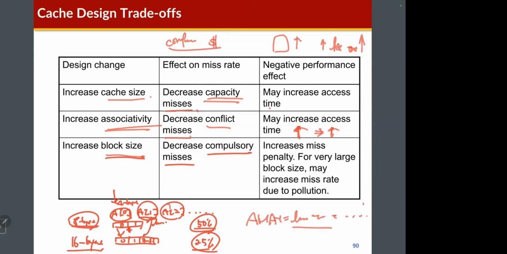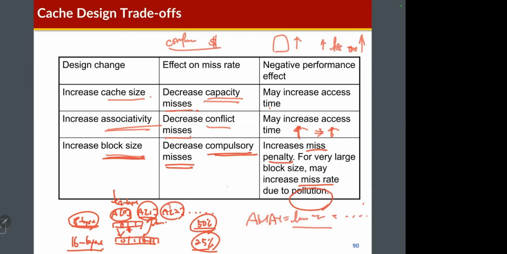So if we increase the block size, then we can decrease compulsory misses, like cold misses. But the problem is that the miss penalty can increase because we need to fill a larger block, and the miss rate can also increase because of cache pollution.